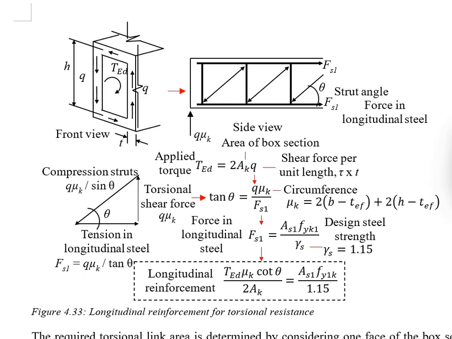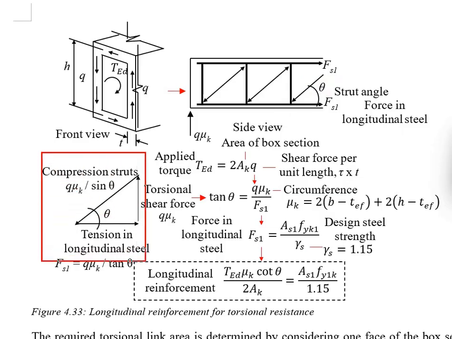Previously, we talked about the derivation process of the equations to determine the longitudinal reinforcement resisting torsional force in a member. The derivation is on the basis of an imaginary truss model made of the steel reinforcement as well as the compressive strut of the concrete.